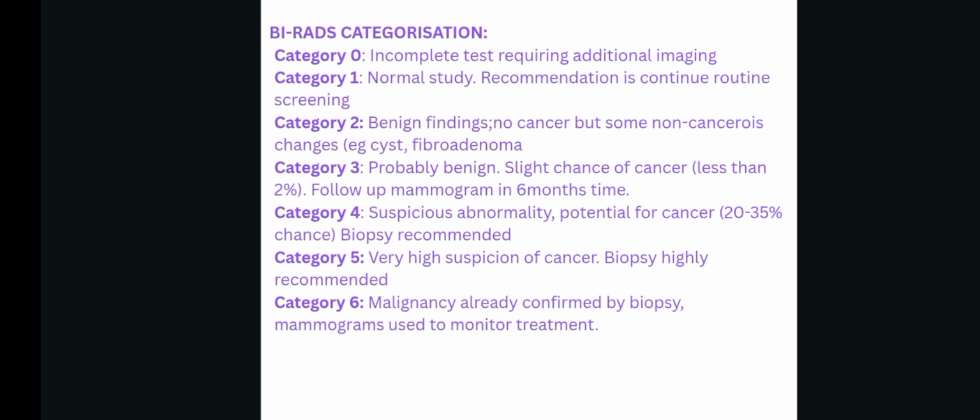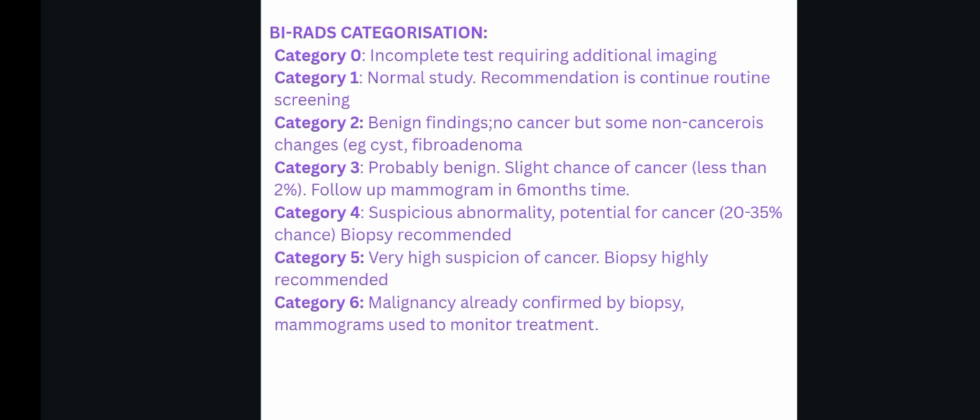Then category 3, the findings are probably benign. They are probably not cancerous. Not that we are sure that they are not cancerous. They have more features that suggest that they are not cancerous than features that suggest that they are cancerous.